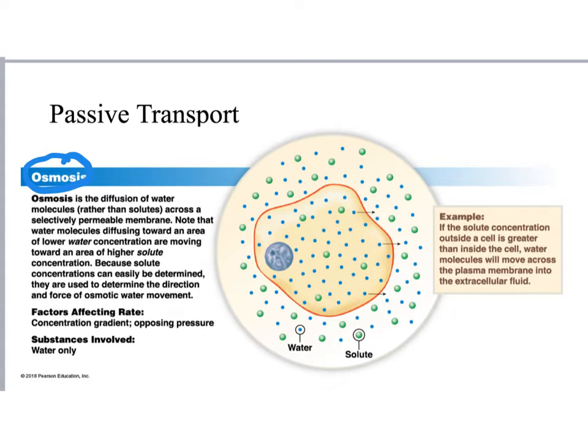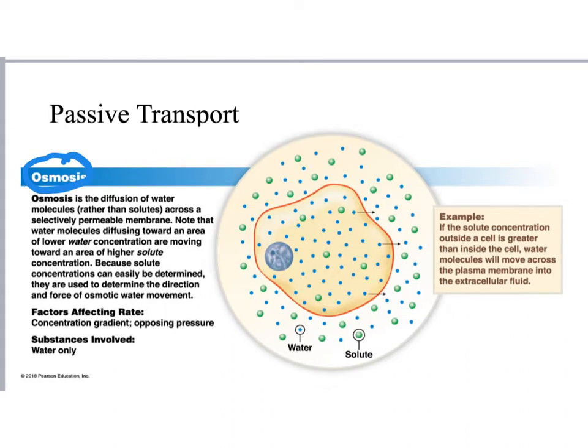And so water will move from low solute concentration to high solute concentration. So it's a little bit of an opposite way of thinking about diffusion. Normally we think of diffusion from high concentration to low concentration. When we look at water, it's still true that the water is moving from high concentration to low concentration.